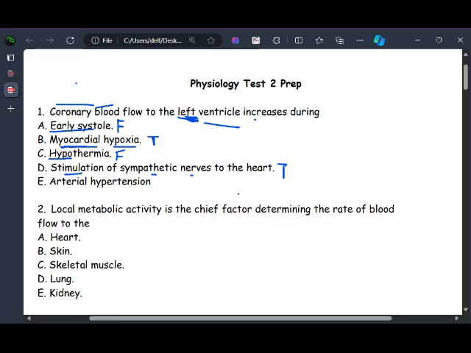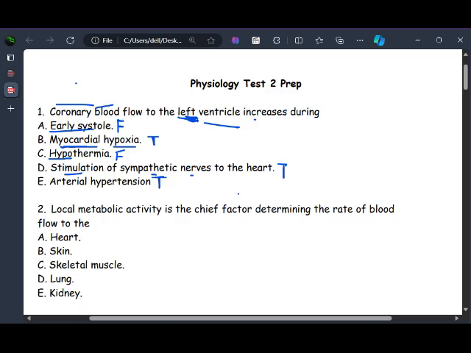During arterial hypertension, does blood flow to the left ventricle increase? This is also true. There's a direct relationship between arterial hypertension, which simply means increased blood pressure in the arteries, and coronary flow.